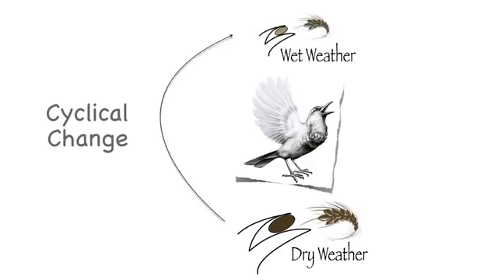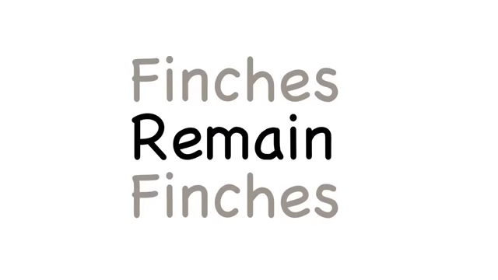Then, during long periods of wet weather, it was the opposite. There were more small beak finches than large beak finches when the seeds were smaller and softer. More of the small beak finches survived. These changes were cyclical, cycling back and forth depending on the weather. But you'll notice that even though the beak sizes changed, the finches remained finches.